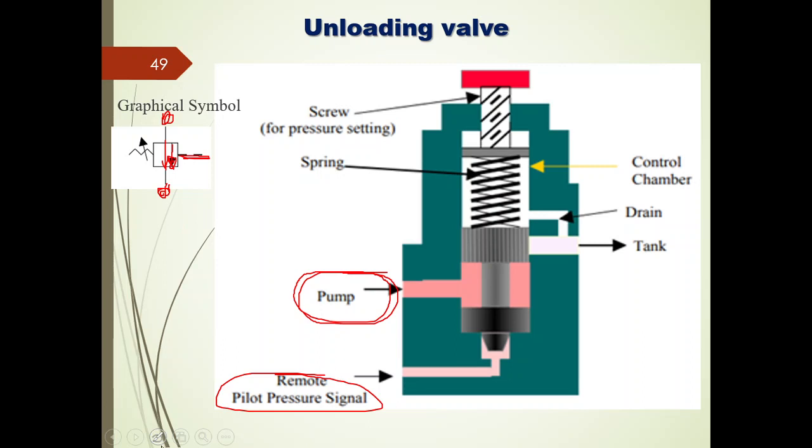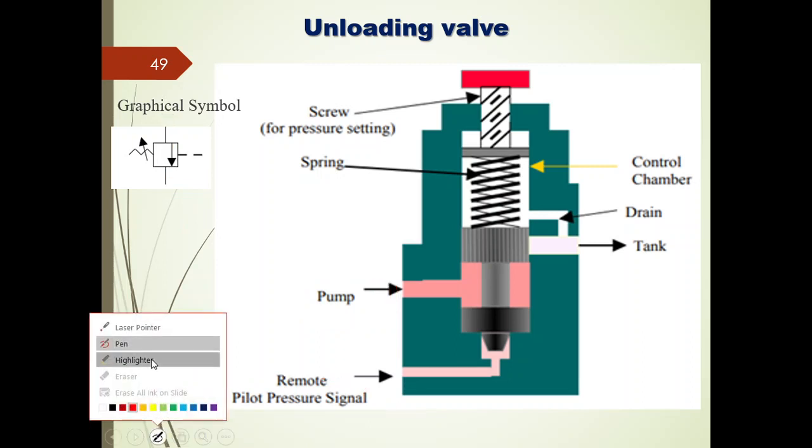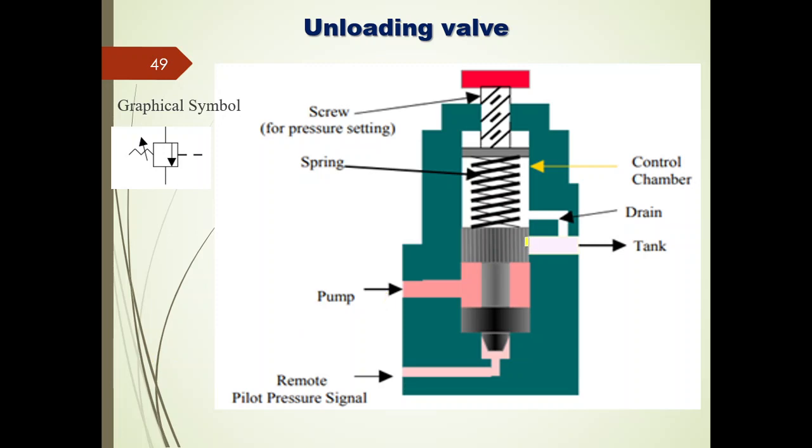So similarly here in the pictorial representation, initially the spool land is going to block the tank port, so that the pump port is blocking the hydraulic fluid here itself, right?